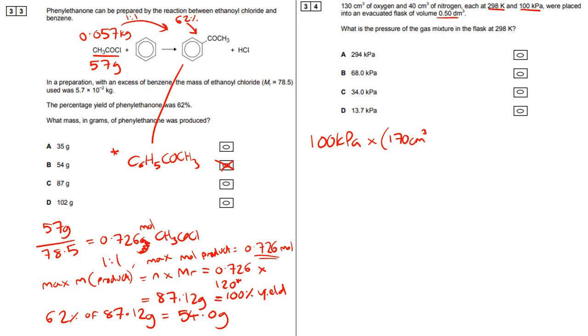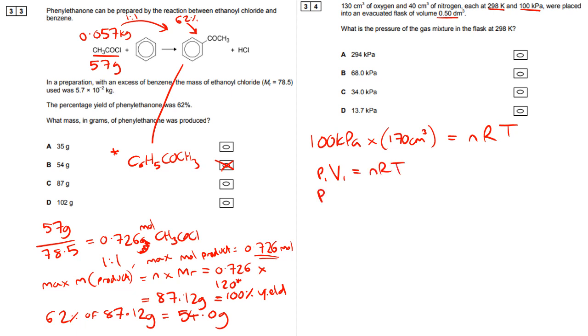This is an ideal gas question again, so remember we need to convert this to metres cubed in a minute. So that's our original pressure and our volume. The moles of gas isn't changing, the gas constant is obviously a constant, and the temperature isn't changing. So our original pressure times by our original volume equals nRT.